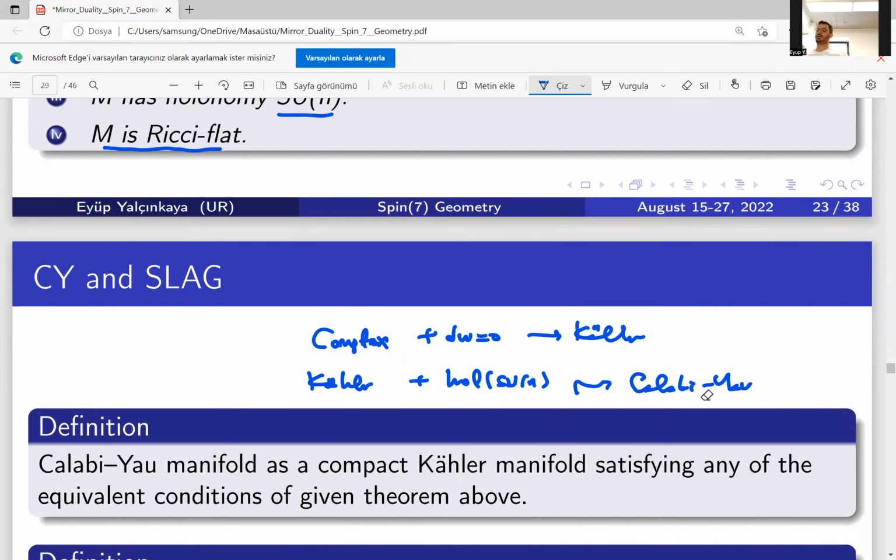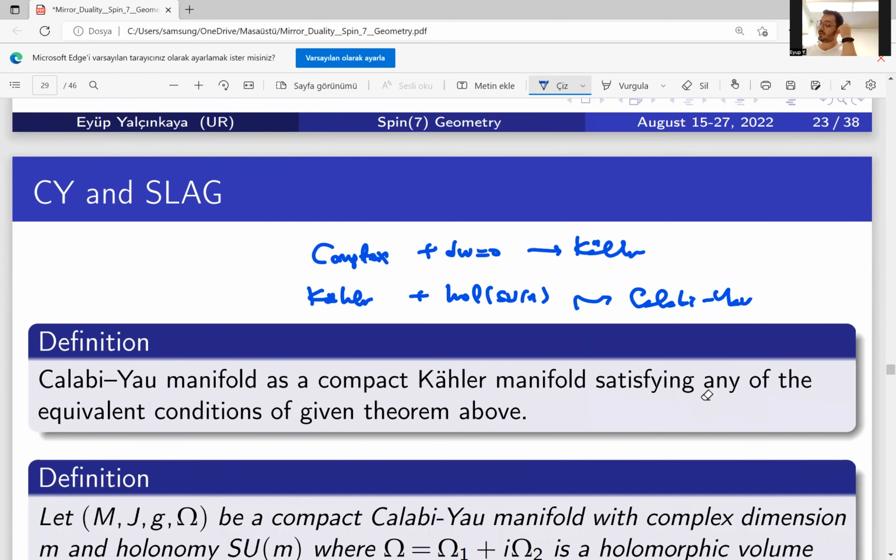We said before that it is directly interrelated to a very nice geometric object, but at the same time it is directly related to string theory, M-theory, whatever. Okay, that is why it is very important for us. And for the Calabi-Yau manifold, we mentioned this one before.